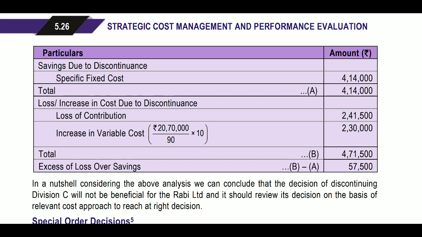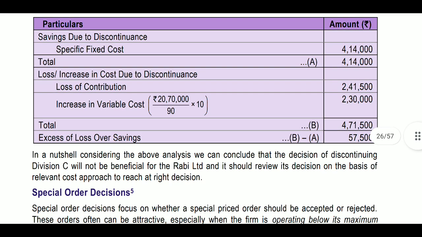And loss or increase in cost due to discontinuance: that is the loss of contribution, 2,41,500, and the increase in variable cost will be 10%, that is 2,30,000. 2,41,500 contribution plus variable cost increase 2,30,000 is 4,71,500. If we discontinue the business, we will get the 4,71,500 loss.